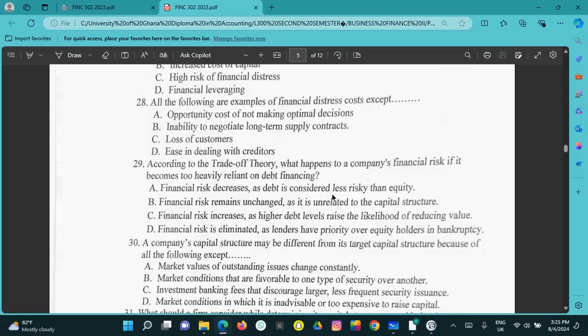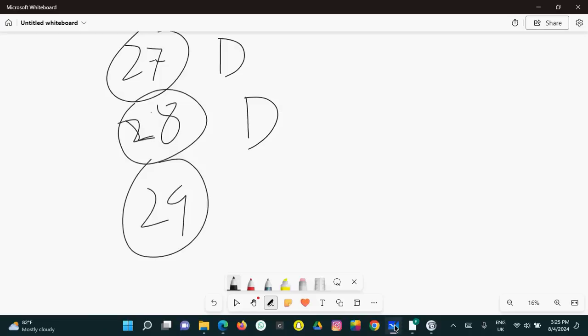Meaning that as a firm introduces more debt into its capital structure, it has higher financial risk, and the likelihood of reducing the firm's value increases. So number 29 is C.